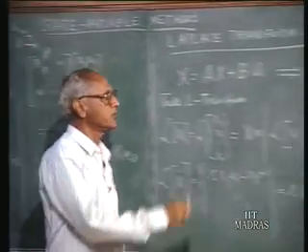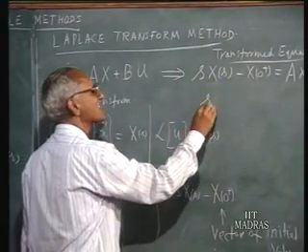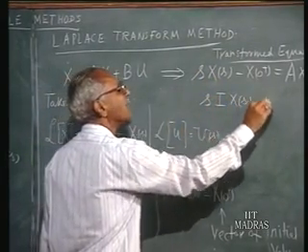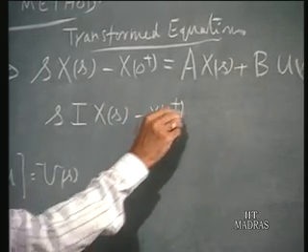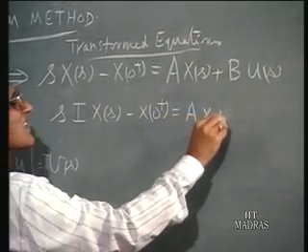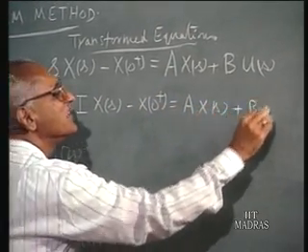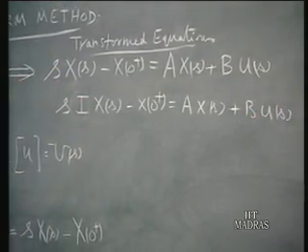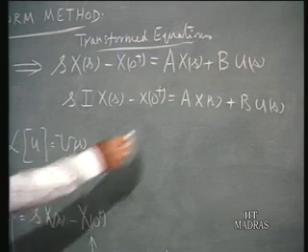So what I would like to do is write this equation as s times I times x of s minus x0 plus equals A x of s plus B u of s, and this matrix has a dimension n by n, and so is this matrix.